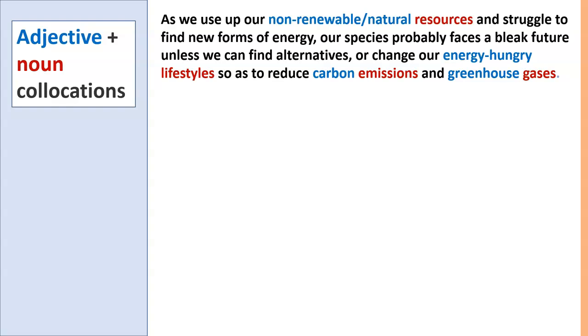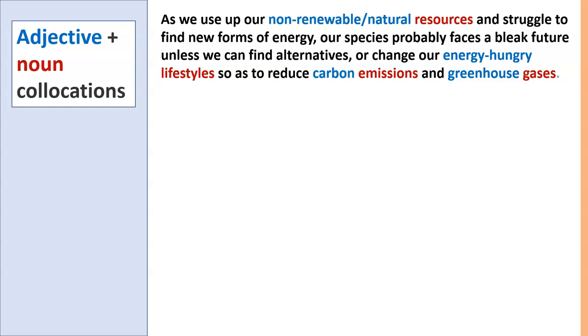Some more useful adjective noun collocations, and we can refer to resources. So non-renewable resources, these are things like oil and coal, which once we've used we cannot use again, and natural resources, things like wood, which come from the natural world.